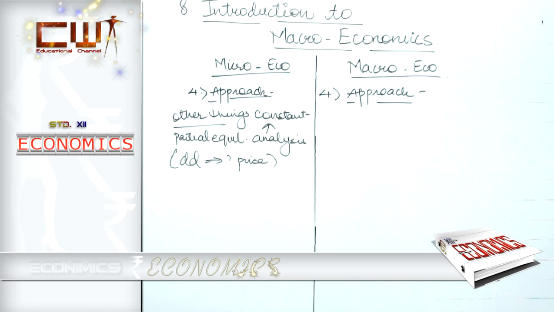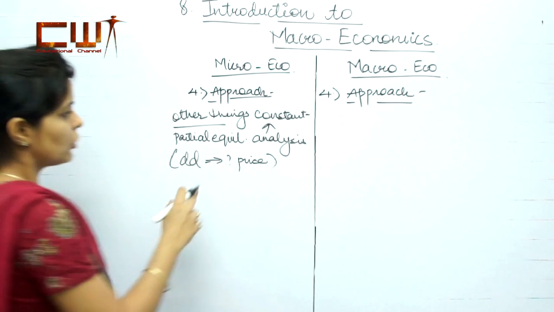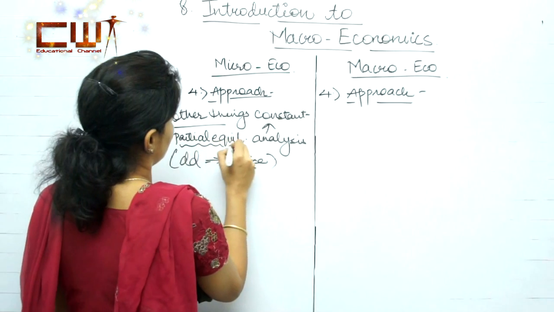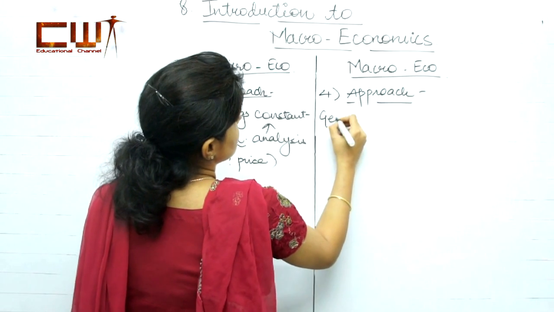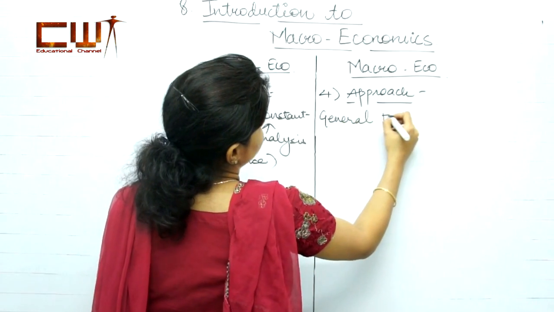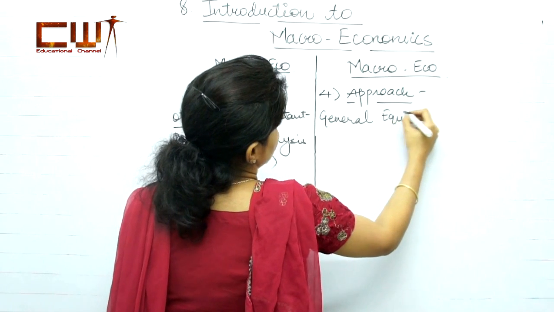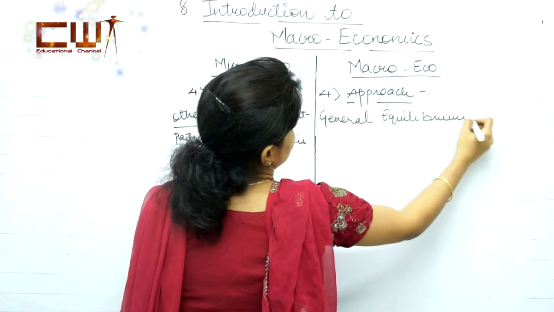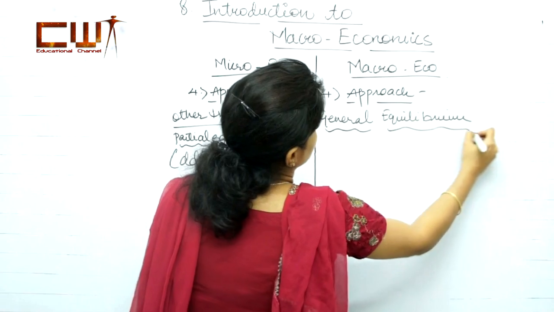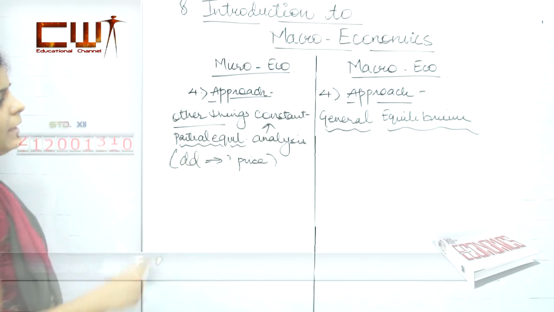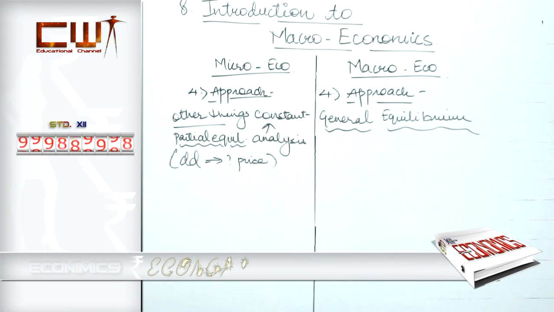But when we talk of macroeconomics, the analysis is based on general equilibrium. This is partial equilibrium and this is general equilibrium.